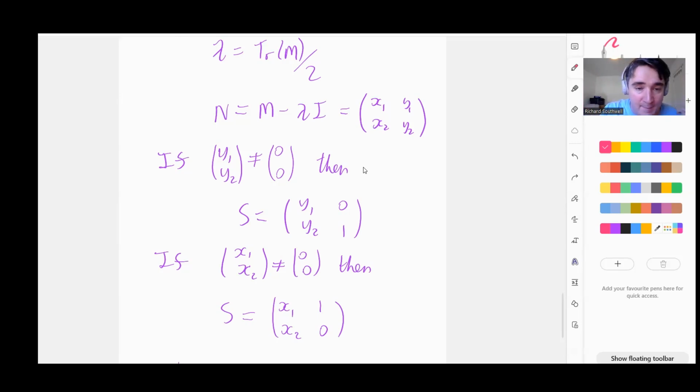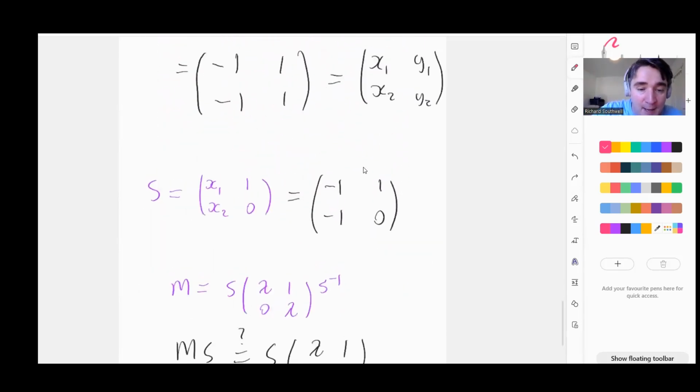So, if y1, y2 is not 0, then we can define our matrix S like this. If this is non-zero, then we can define our matrix S like this. If both of them are non-zero, then we can take our pick. So we have different choices about how to cook up this similar matrix.